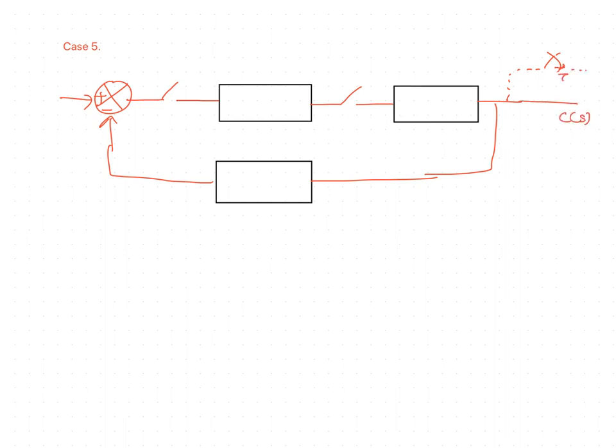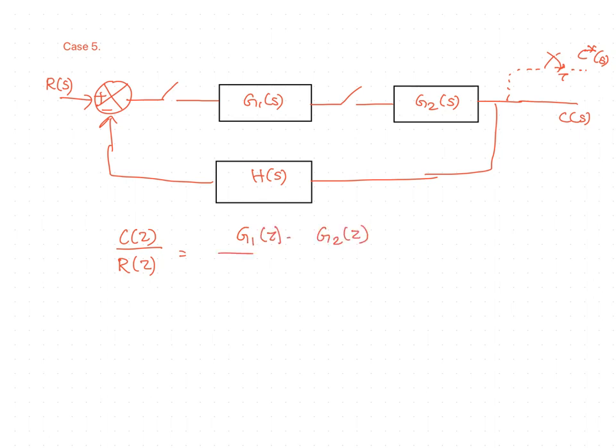So, this will be C of S and this will be C star of S, with the forward blocks as G1 and G2, feedback as H of S and the input as R. So, it is very clear that with the basic knowledge of the various cases 1, 2 and 3, we can easily write C of Z by R of Z as G1 of Z into G2 of Z by 1 plus G1 of Z into G2H of Z.